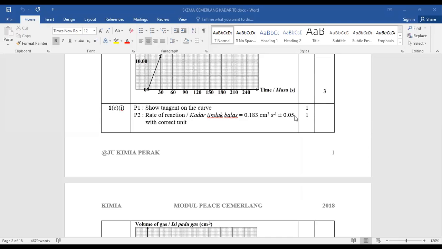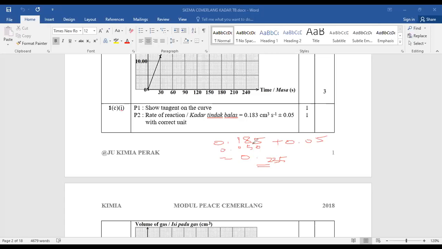Now, what does it mean? Meaning, your answer can be 0.183 plus 0.05. If you are adding 0.05, the highest will be 0.235.